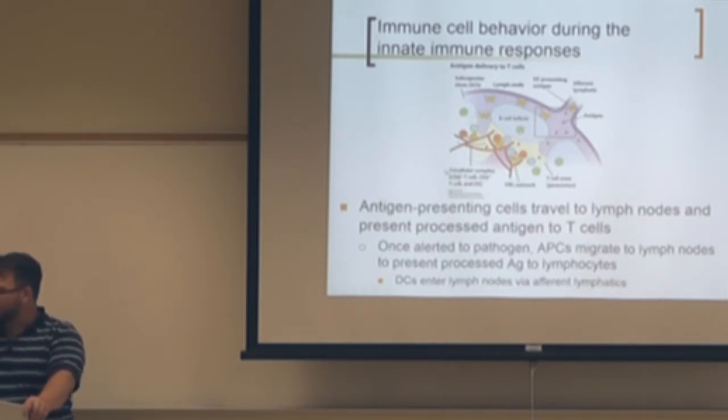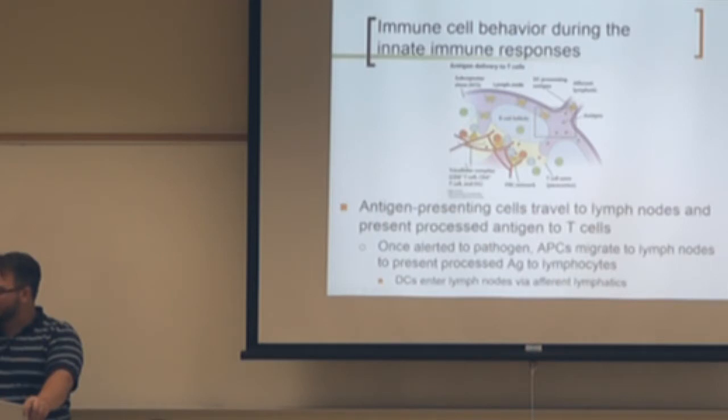This is where they come in and associate with the FRC networks. In the T cell zone, for example, they come in and bind to these cells.